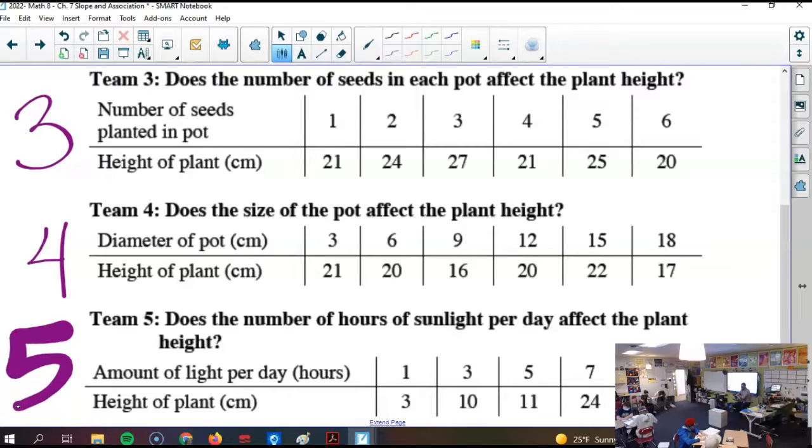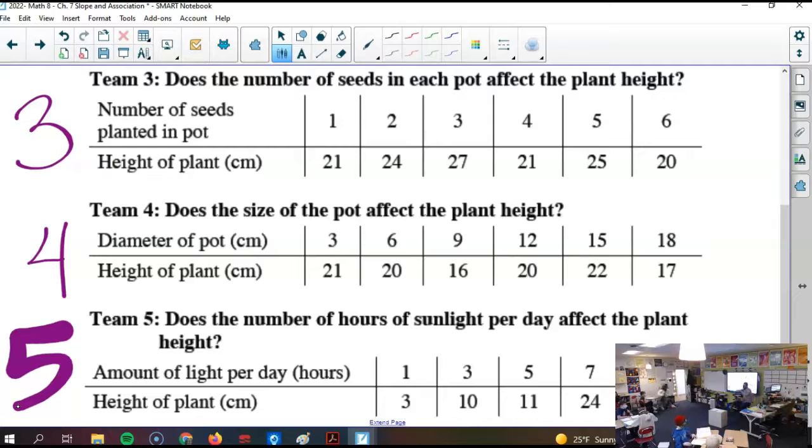But the reason we're graphing this is to see, does one thing impact the other thing? Hey, pencils down for a second, because we can start class with this tomorrow anyways. What we're asking is, does the number of seeds impact the height?